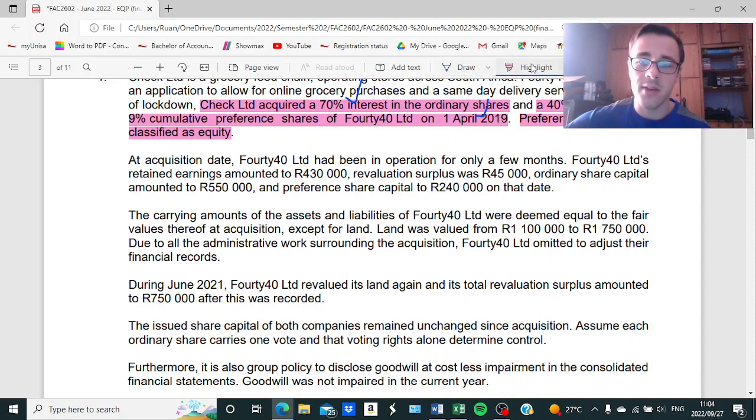Now, at the acquisition date, so on the 1st of April 2019, 4040 Limited had been in operation for only a few months. Their retained earnings amounted to 430,000, revaluation surplus amounted to 45,000, ordinary share capital amounted to 550,000, and preference share capital to 240,000 on that date.